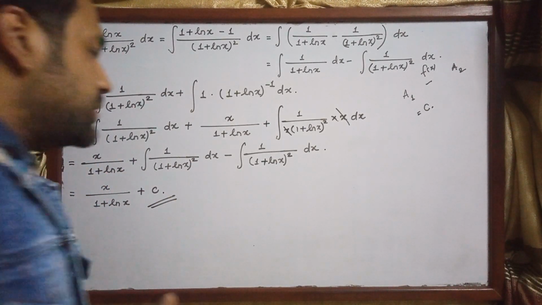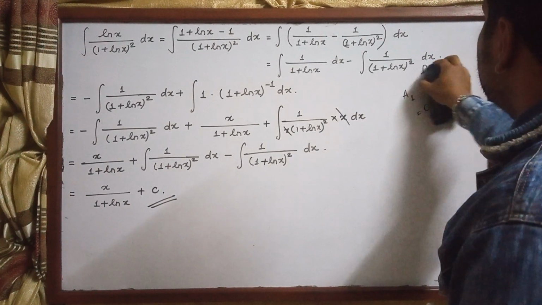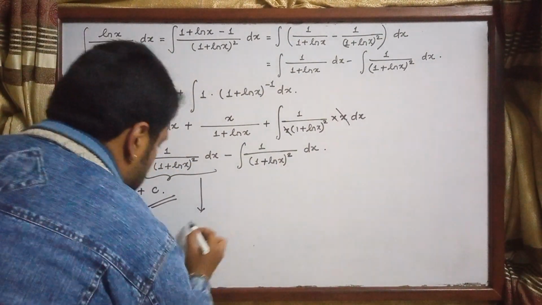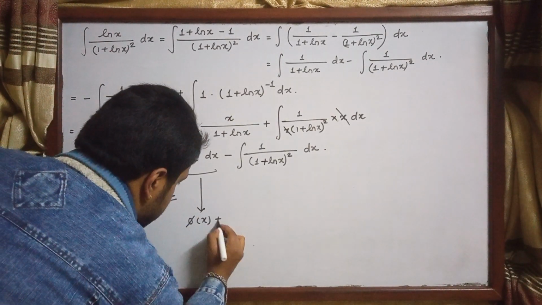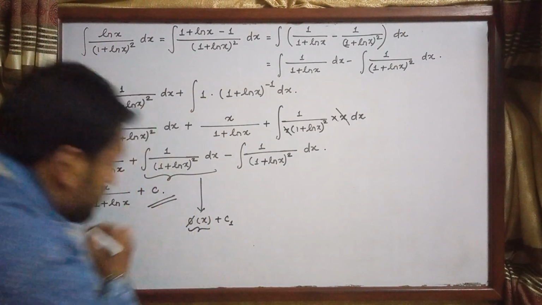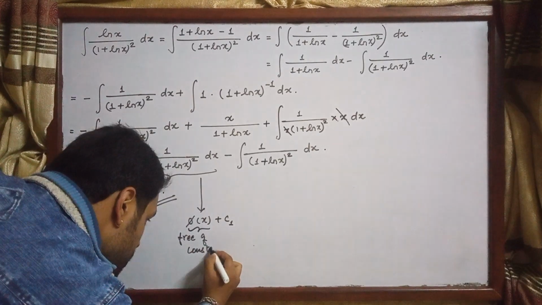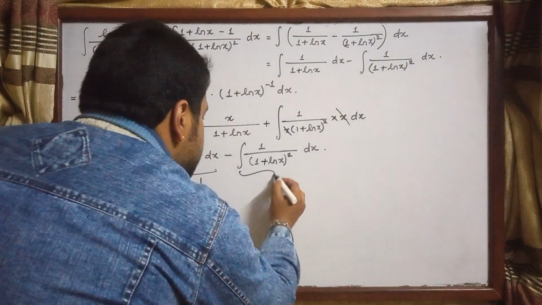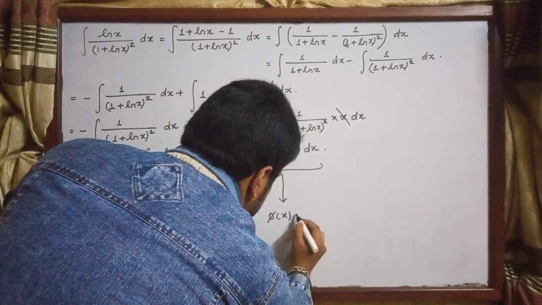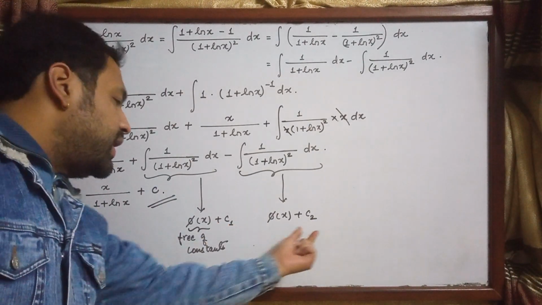The other way you can think about it is that if we assume this part to be some function phi x plus c1, where this part of the antiderivative is free of constant terms, then this antiderivative will be something like phi x plus c2, and we do not know if c1 and c2 are equal.